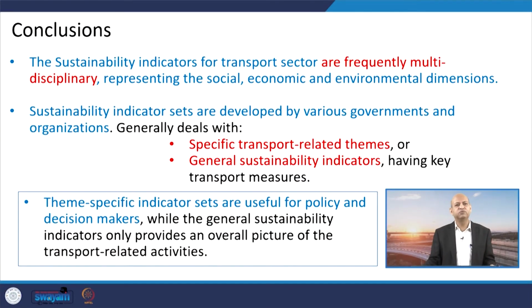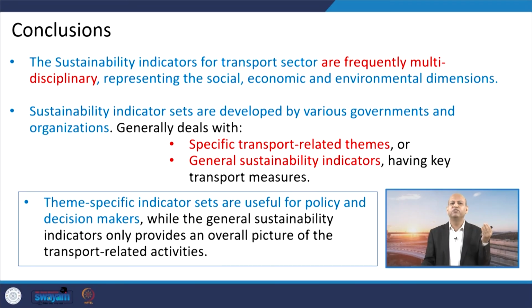Well, at last we can conclude that the sustainability indicators for the transport sector are frequently multidisciplinary, because several aspects are included and they are representing the social, economic and environmental dimensions in totality. And different sustainability indicator sets are there, as you have seen.